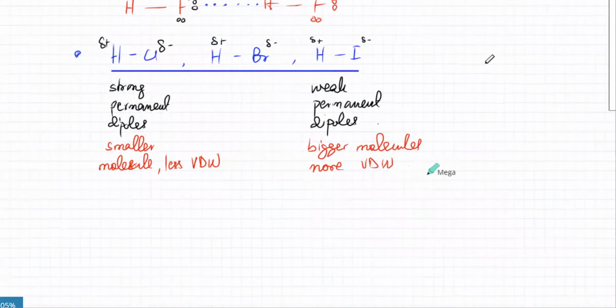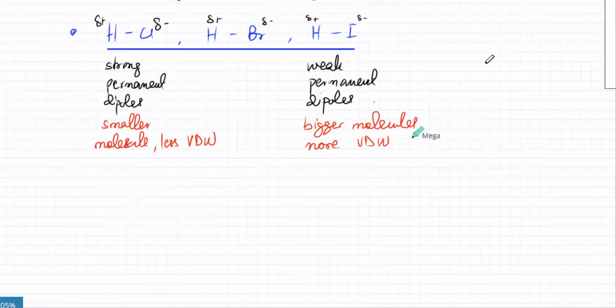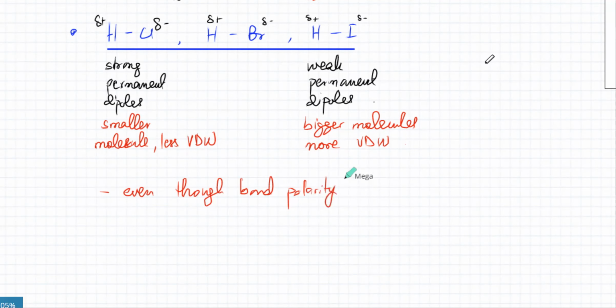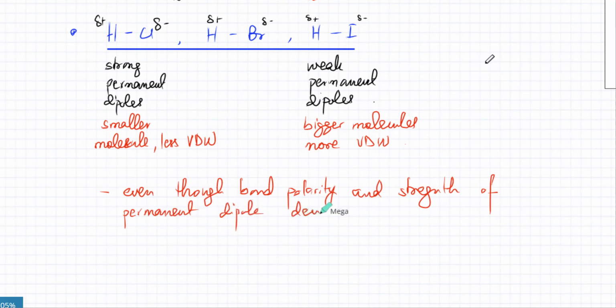So the question is, why do boiling points increase down the group, or melting points increase down the group? So what you're going to state is that even though bond polarity and the strength of permanent dipoles decreases, and why is it decreasing?